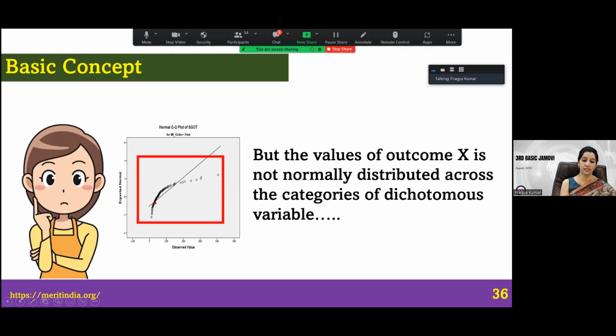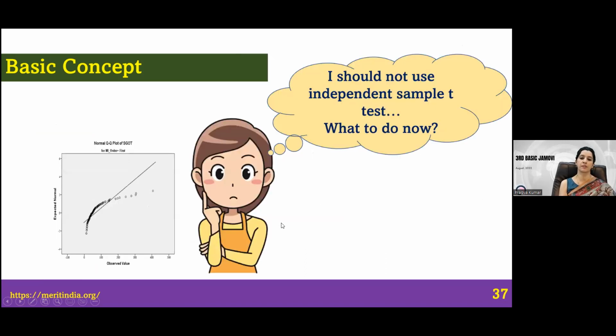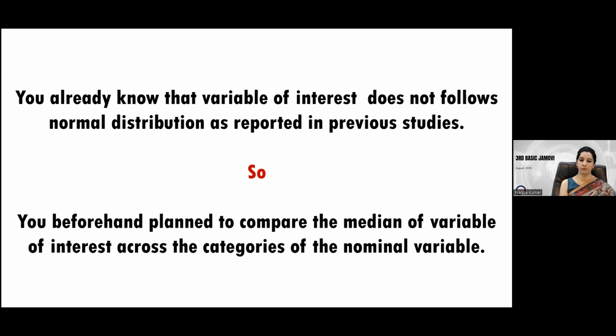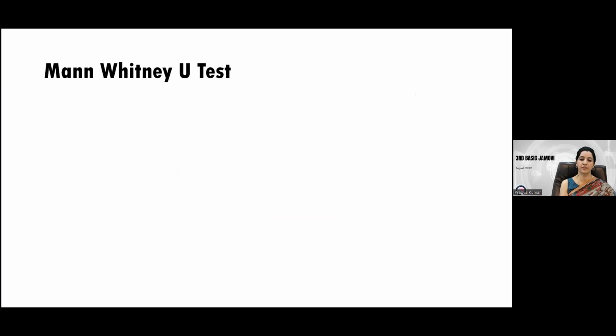So you cannot apply the independent sample t-test. Then what to do? In that case, you should go by the Mann-Whitney U test.